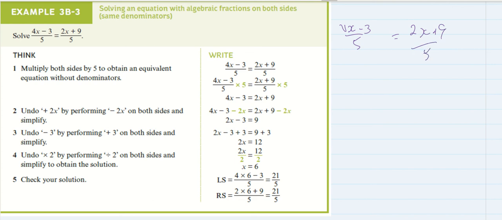Well, I can multiply both sides by 5 and I will just cancel each of those out. So what I'm really going to say then is 4x take 3 equals 2x plus 9. So then I can just go, well, 4x take 2x equals 9 plus 3.